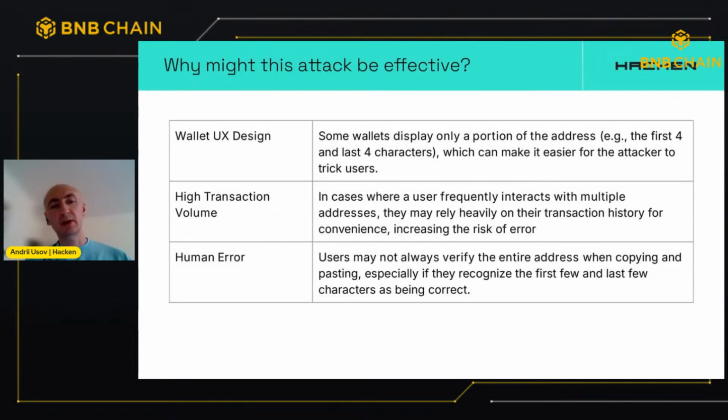When we have many transactions in our wallet or in the list of transactions, it's very difficult for a human to realize which of them is the correct one and which is the phishing address. And again, the main goal is to make a person make mistakes.